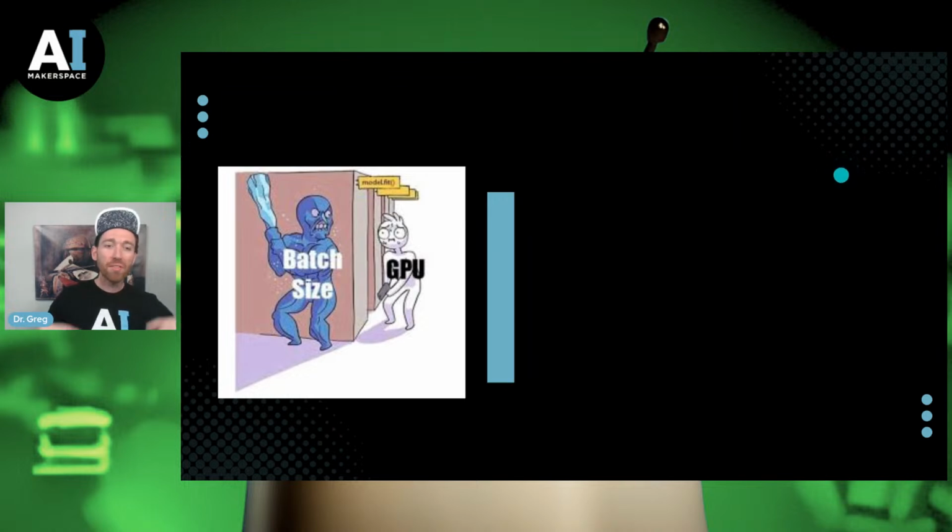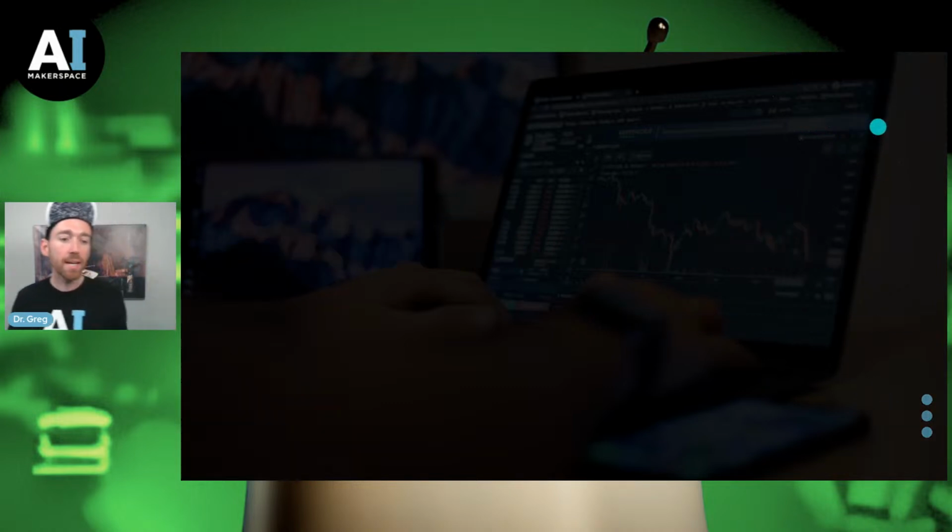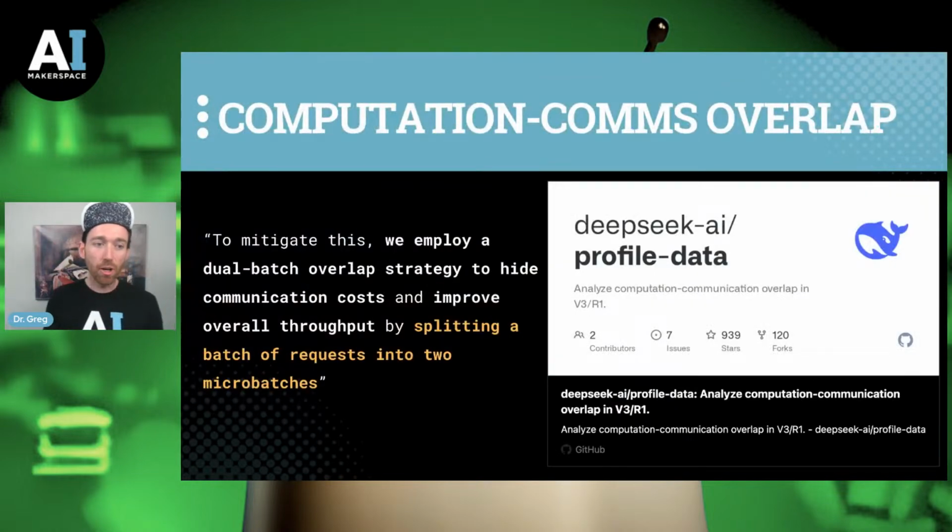So now that we've done that, it introduces this significant communication overhead, which Wiz just sort of alluded to. This is where we get that computation and communication overlap. We need to deal with the fact that we've got these experts that are maybe more highly leveraged, and we've got to do some kind of balancing of the requests.